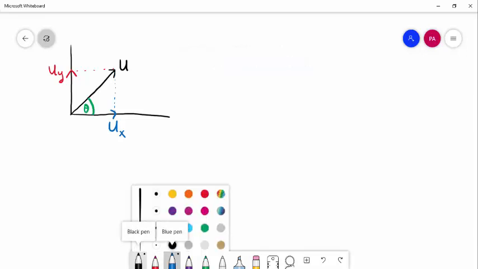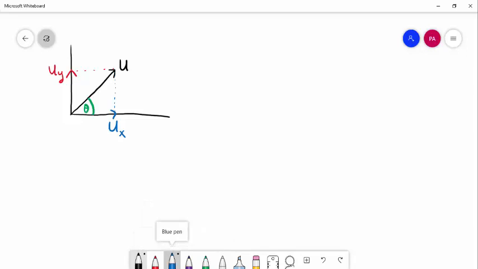If we already know the angle, we can calculate the x component with initial velocity times cos theta. And for the initial velocity in the y-axis, we can use initial velocity times sin theta.